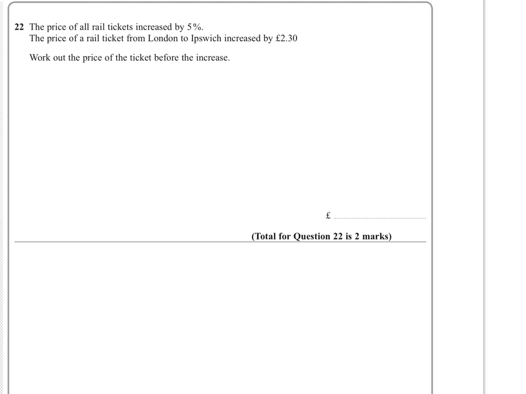Question 22. Quite a tough question, I think, for a lot of people. It says the price of all rail tickets did increase by 5%. So let's just have a picture of a ticket there, and we want to increase it by 5%. Well, if we times it by 0.5, then we'd be finding 50% of that ticket.